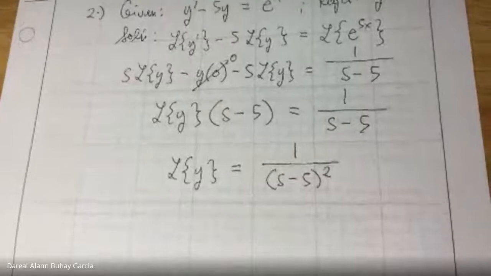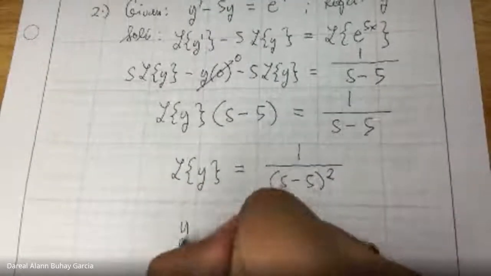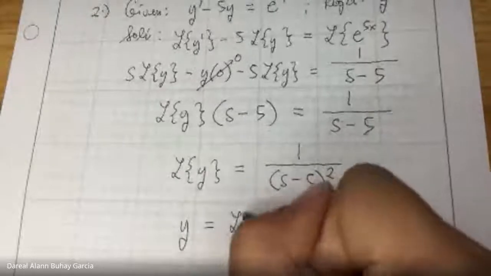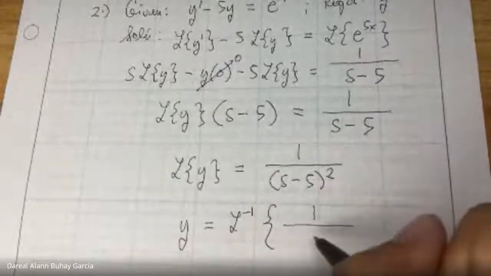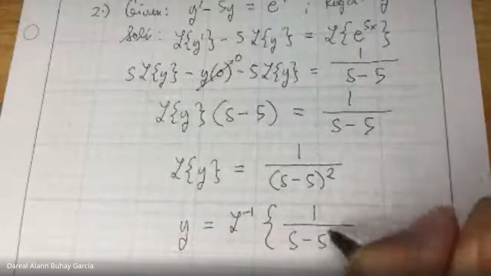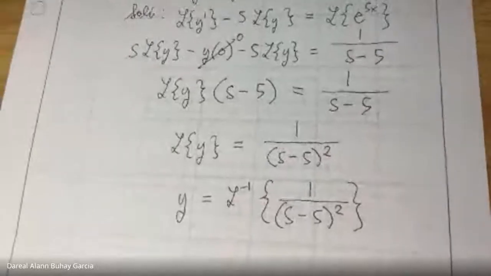Sige. Next, inverse Laplace all sides. Y is equal to the inverse Laplace of 1 over s minus 5 squared. So what's the inverse Laplace of this one?